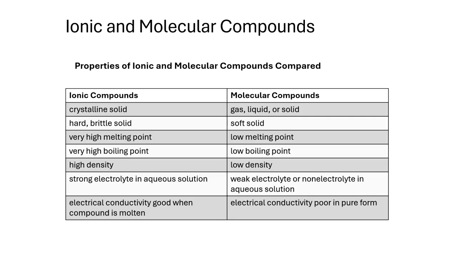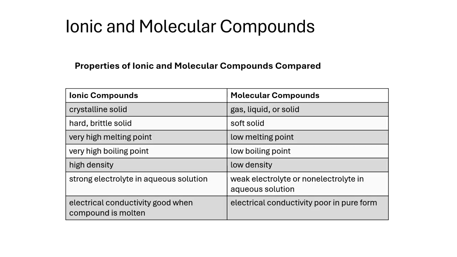This table here is a summary of the properties of ionic versus molecular or covalent compounds. Ionic compounds are salts. If you think back, you've handled road salt, or table salt, or maybe if you've worked in a chemical factory, you've come across other salts. Ionic compounds are crystalline solids. That means that they're ordered structures.